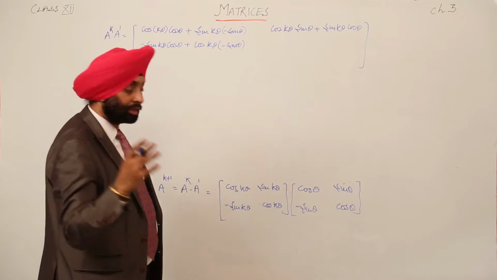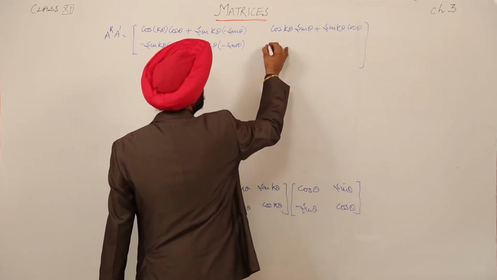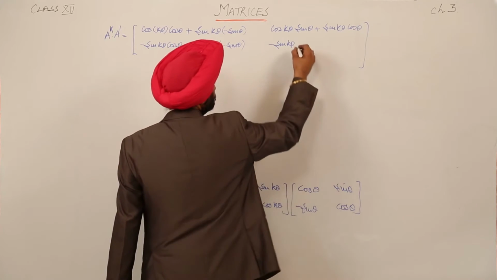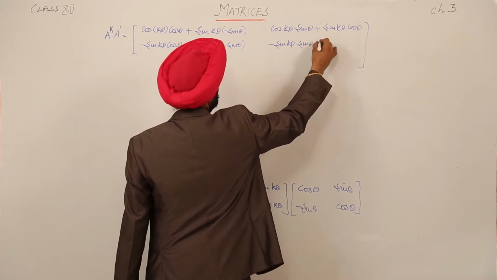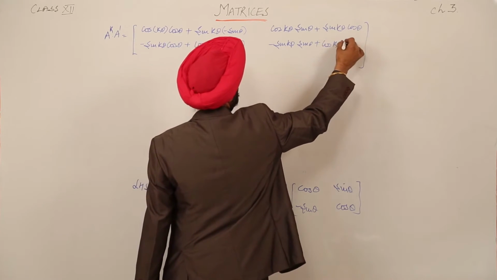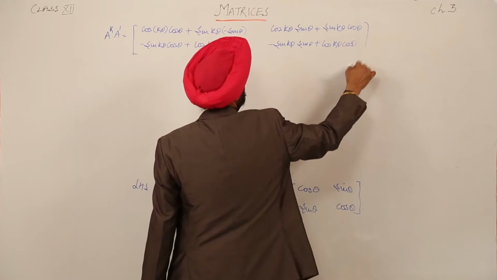Second row, second column, minus sin k theta sin theta plus cos k theta cos theta.